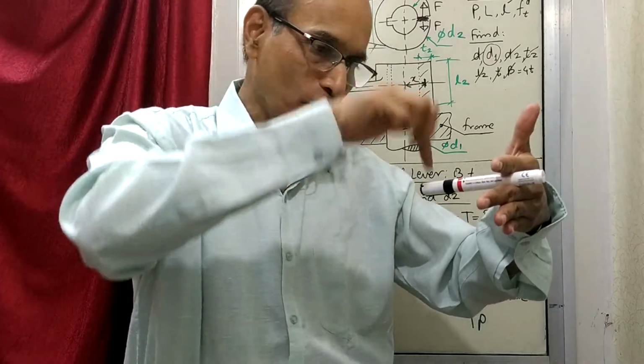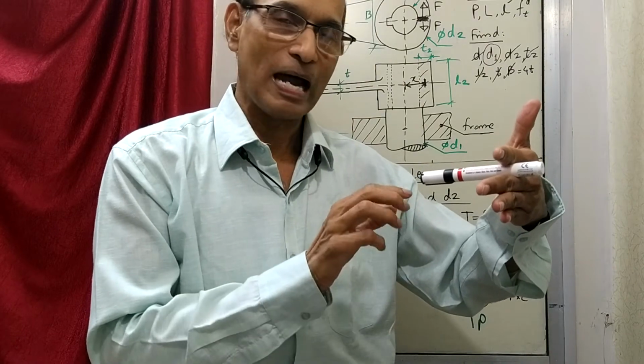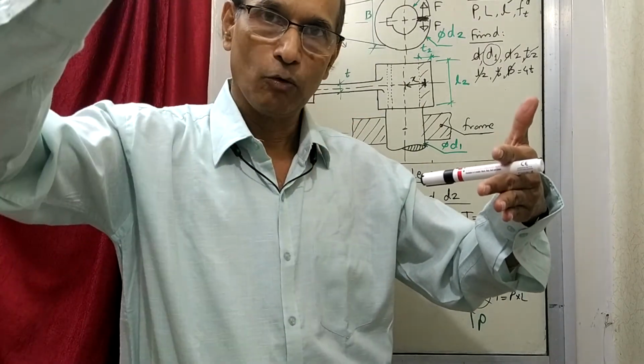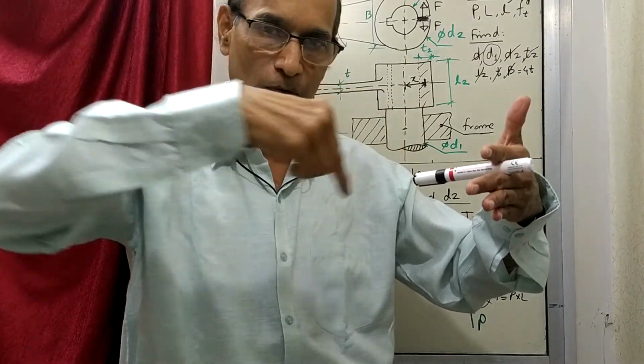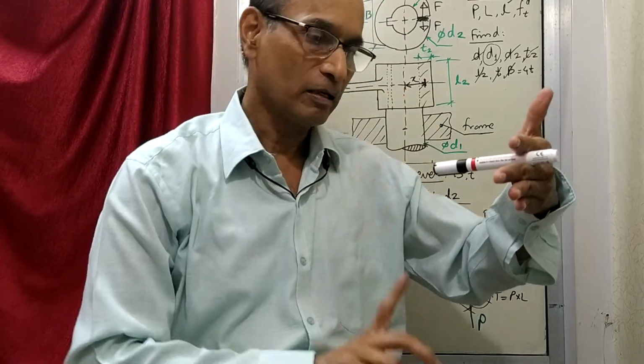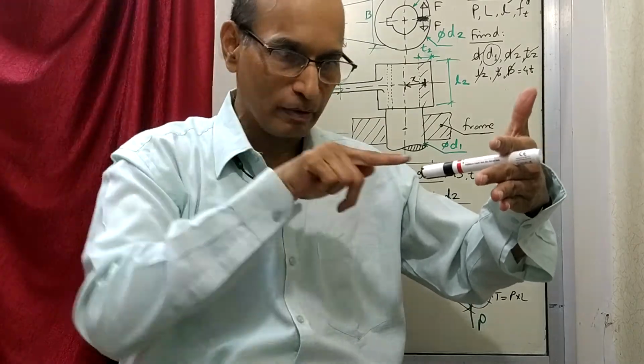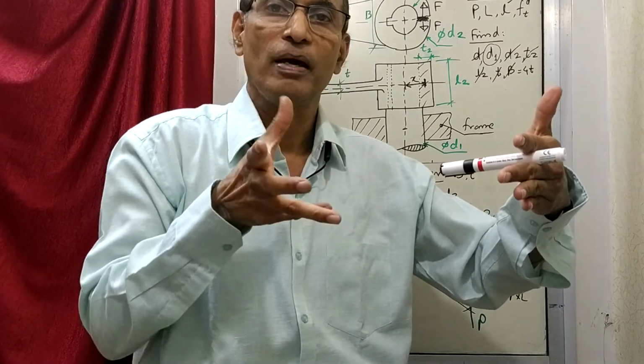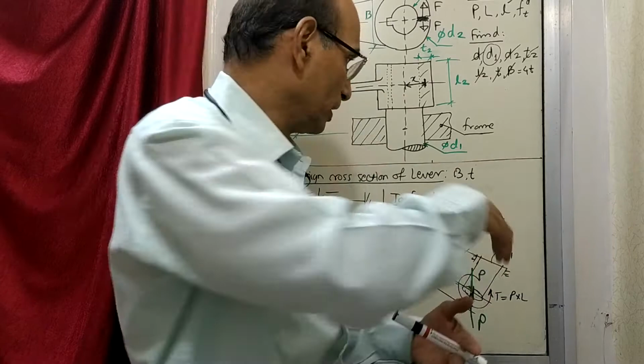But now after doing this, instead of saying that only one force is acting on this lever, I am saying there is this force acting, and these two forces with this distance are going to form a torque, which we have already taken into account.